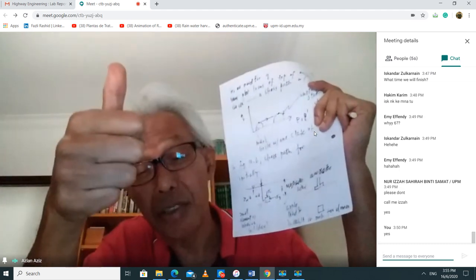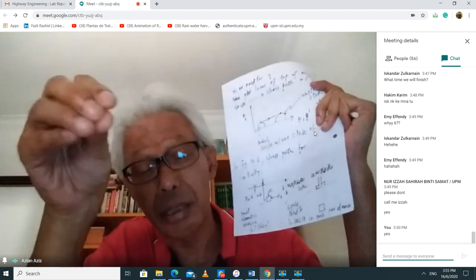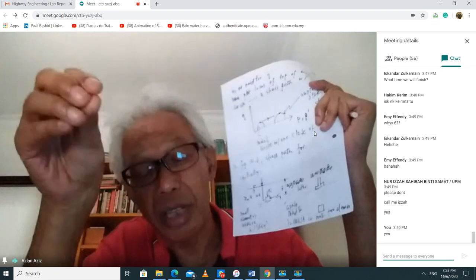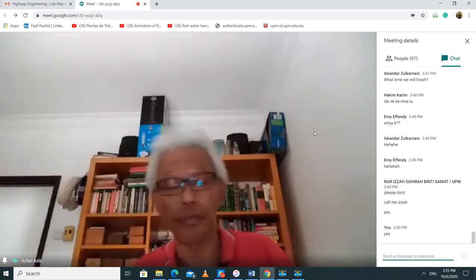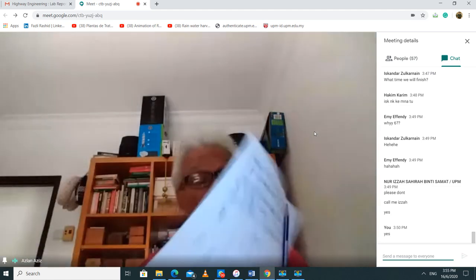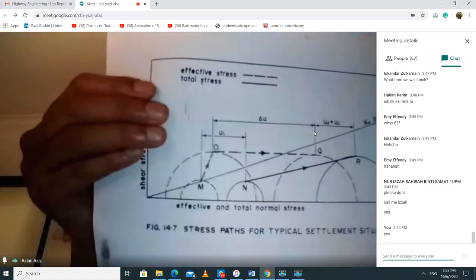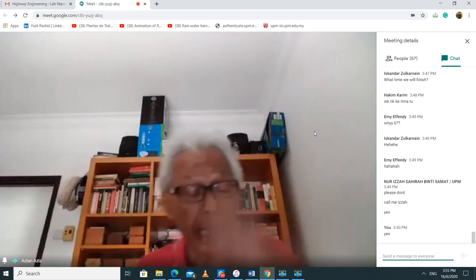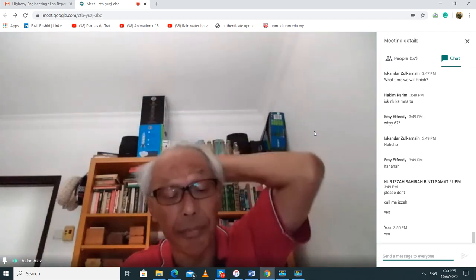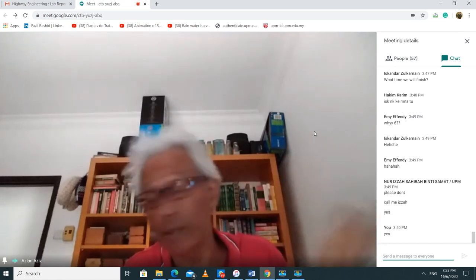One is the one-dimensional consolidation test as represented by the odometer test in the lab, and the other is the one in the field. So now I'm looking at figure 14.7, which is in the field. M and N is the initial effective and total stress point, and you still have the initial pore water pressure.